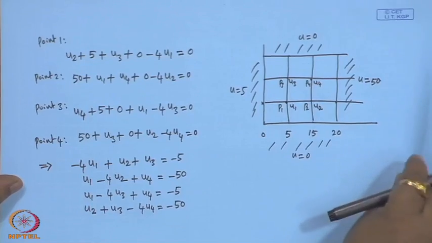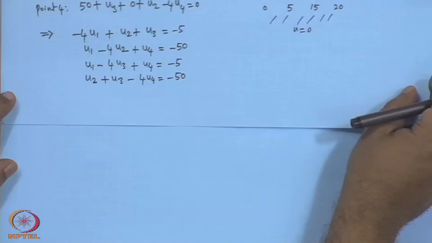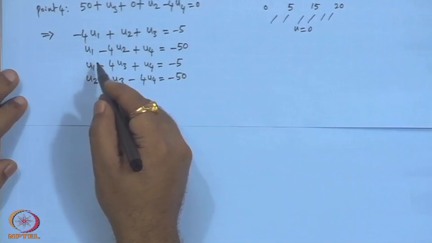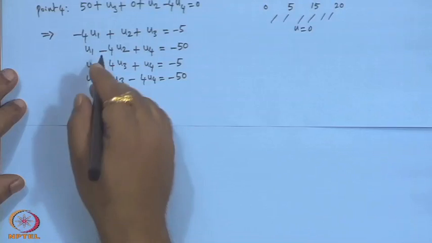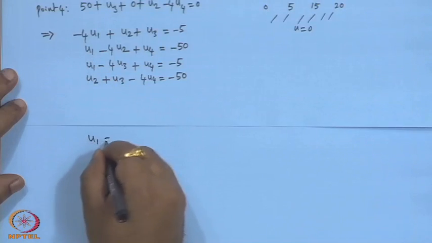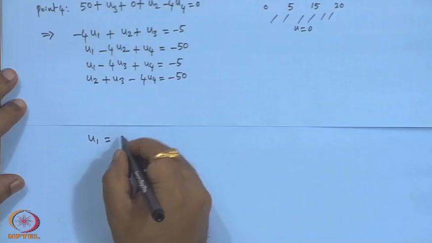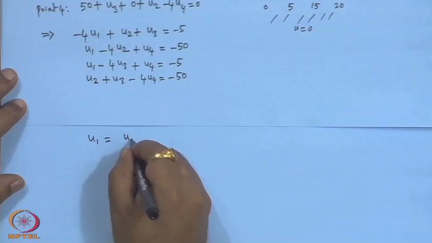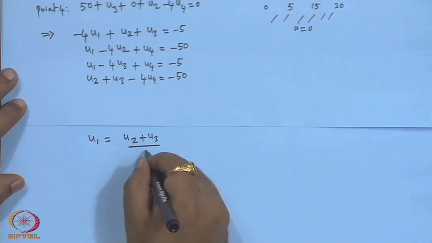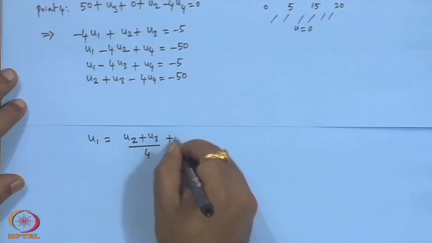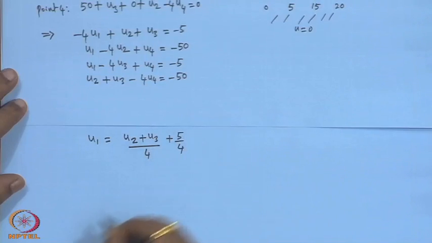So, now from here we define the iterative scheme as follows. So, u 1 is, okay.